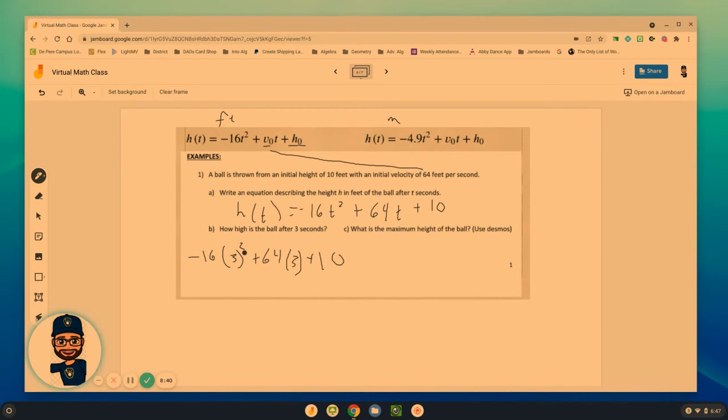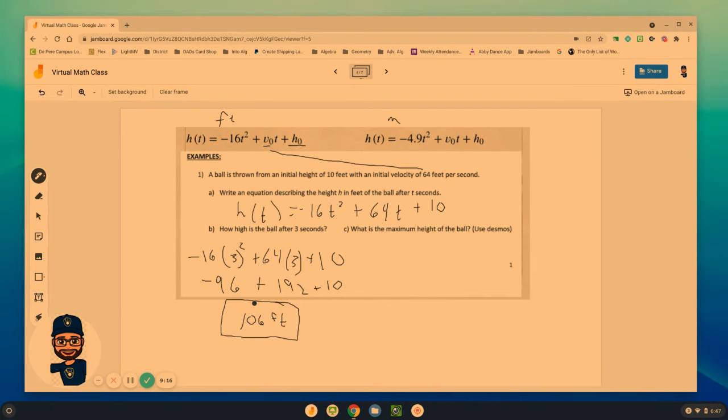And then 9 times negative 16 is negative 144, plus 64 times 3 is 192, plus 10, and we're going to add all of those together to get a grand total of 106 feet. So after 3 seconds, this ball would be 106 feet above the ground.